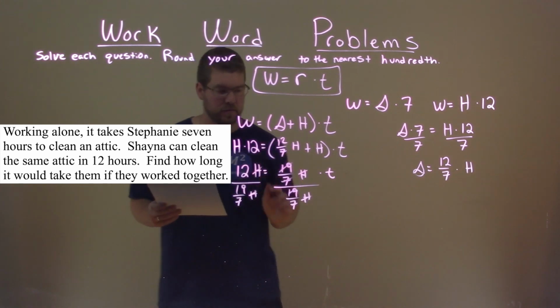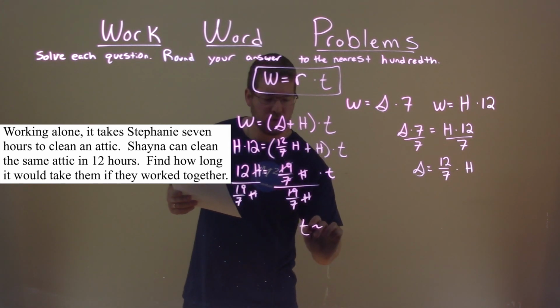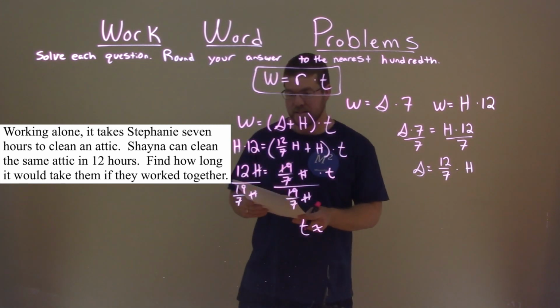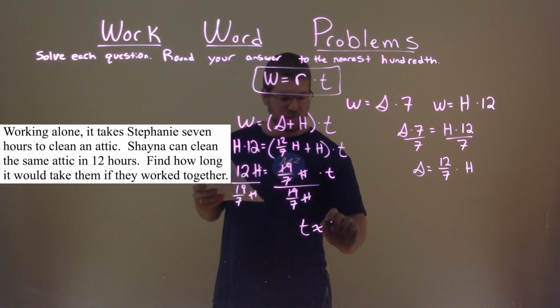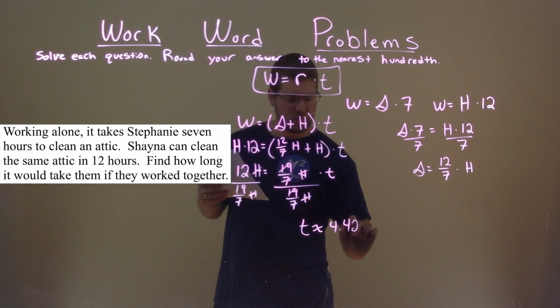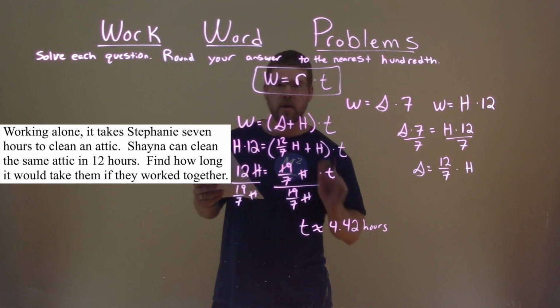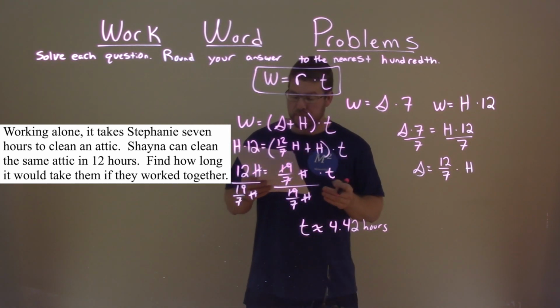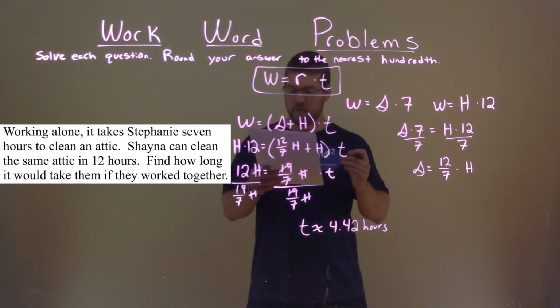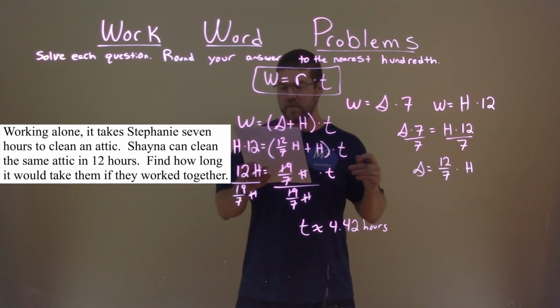H variable cancels here. And so now T is approximately 12 divided by 19/7, which is 4.42 hours. So if they worked together, they could clean the attic in approximately 4.42 hours.